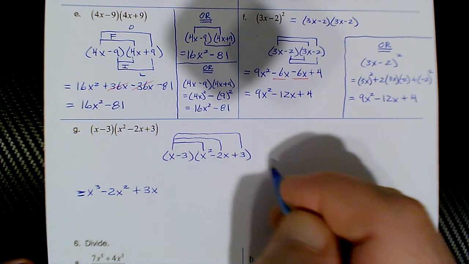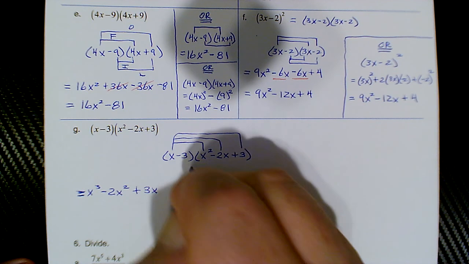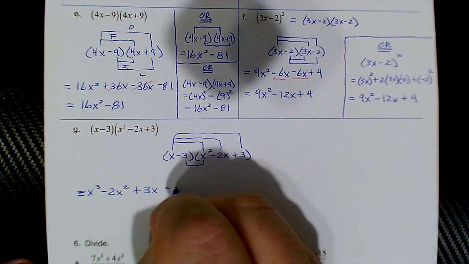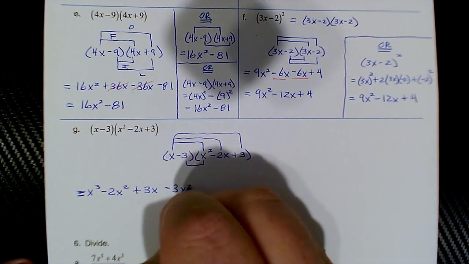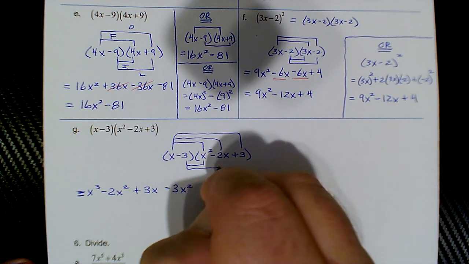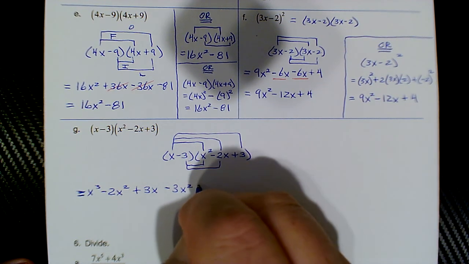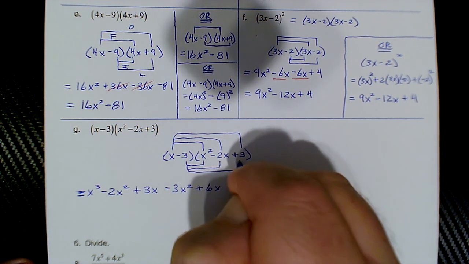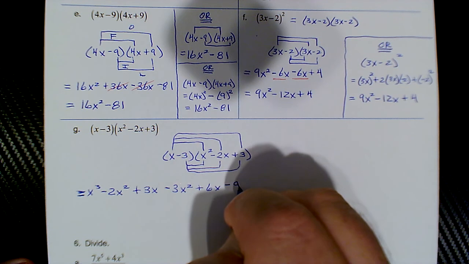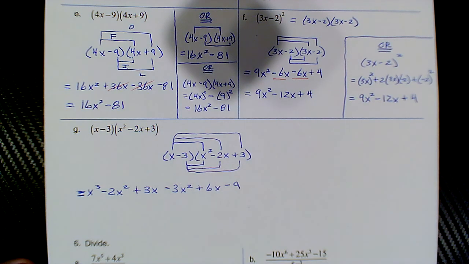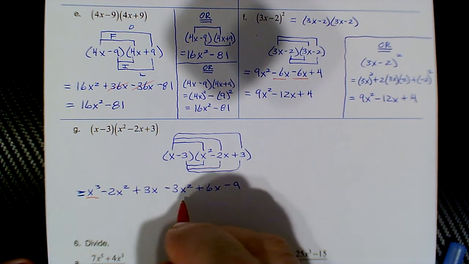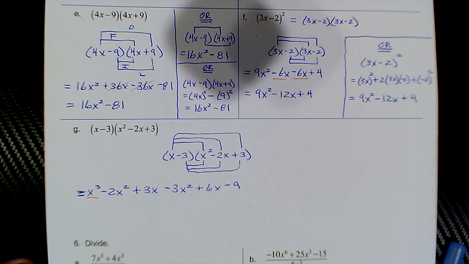Now distribute the negative 3 evenly. Negative 3 times x squared, negative 3x squared. Negative 3 times negative 2, positive 6x. And negative 3 times 3, negative 9. And then we could add the like terms. Well, that's the only x cubed, so I'm just going to recopy it.